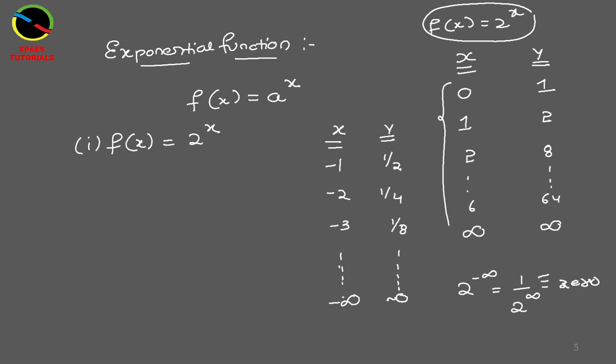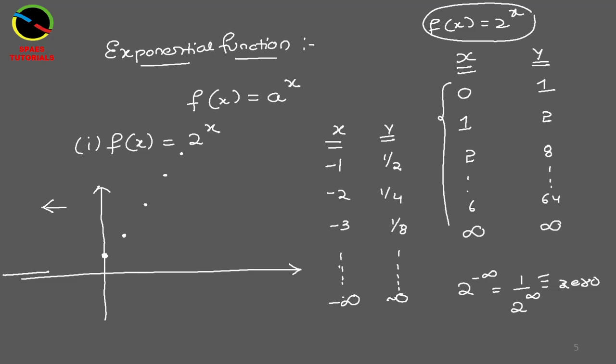So let's try to see how the graph for f of x equal to 2 power x looks like. When we put 0, the value is 1. For 1, it is 2. For 2, it is 4. So it is going to increase like this. And on the left hand side, when you go towards negative infinity, the value is going towards 0.